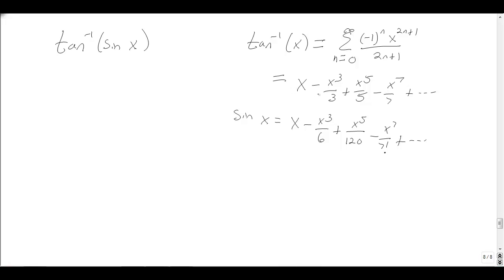Here we don't. And so what's going to happen is your inverse tangent of sine x here, I'm going to get x. So that's x minus x cubed over 6 plus x to the 5th over 120. And then, well, I'll write the x to the 7th over 7 factorial.